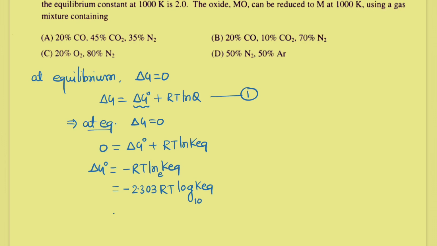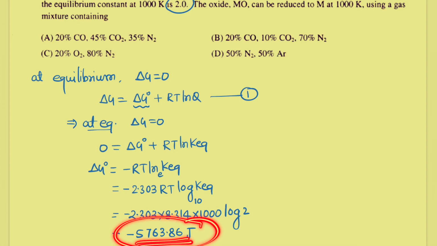Now you can just write minus 2.303 into R, which is 8.314, into temperature, 1000 Kelvin, into log 2, because K equilibrium is 2. And we just need to find the value. I will be getting minus 5763.86 joule. So this is the value of delta G naught that we are getting.